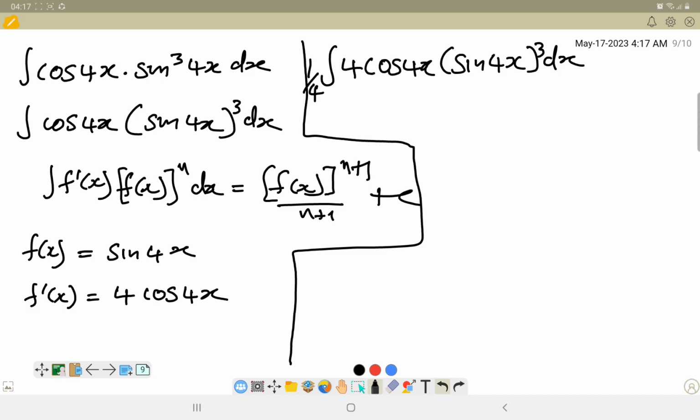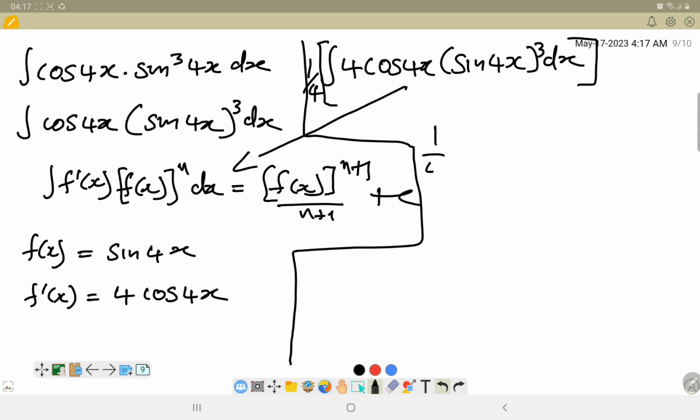So we have to divide by 4. Then when we look inside here, we can see that it matches exactly the formula. This formula is exactly matched.